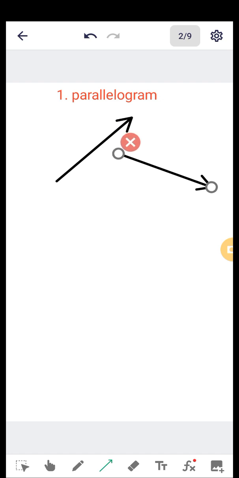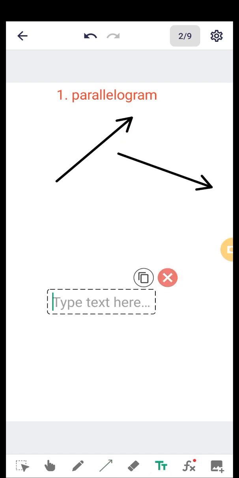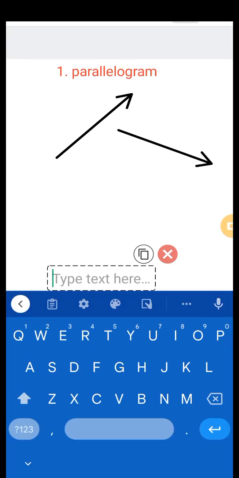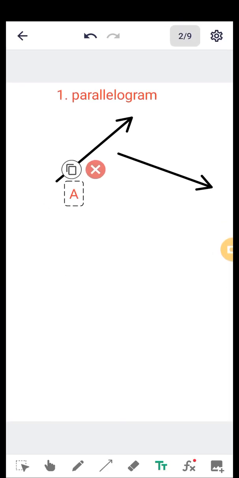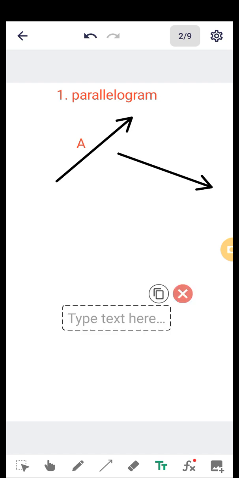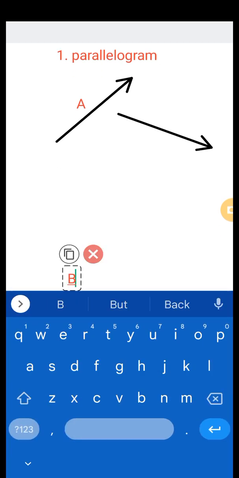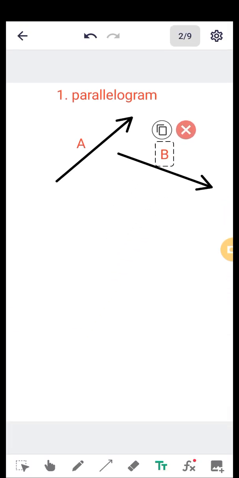Let's name our forces. This is force A, and this is force B. Now we want to find the resultant of these forces.